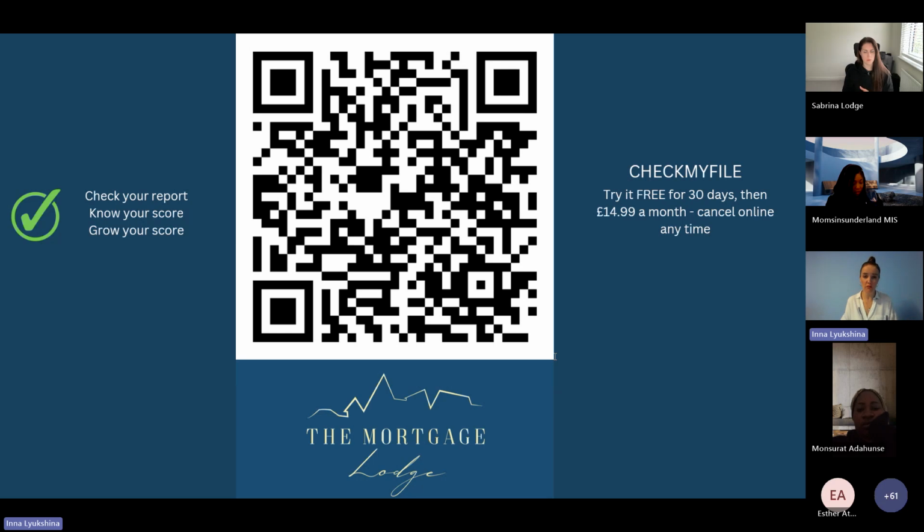We can't change it. But yeah, if you run a few applications for decision in principle within a very short space of time, i.e. 5, 7, 10 of them within a few days, then obviously that may affect your credit score slightly because it will be perceived as a sign of desperation. Why would somebody want to run 10 decision in principles in a very short space of time?